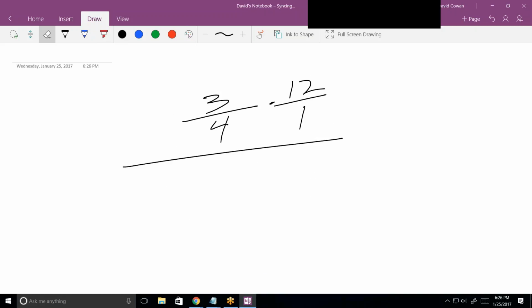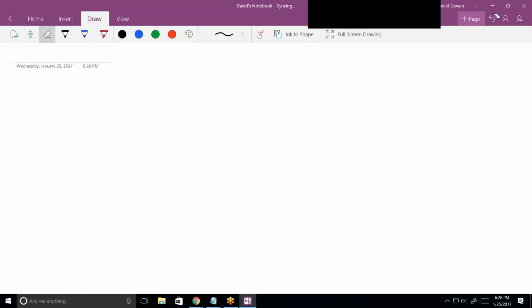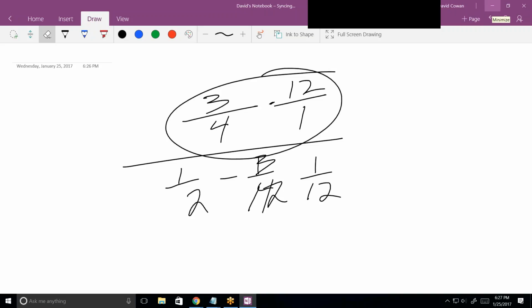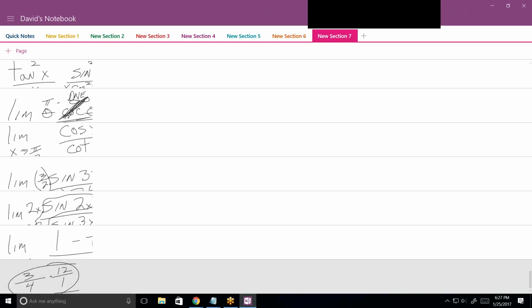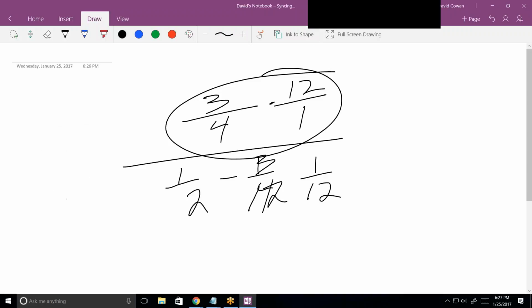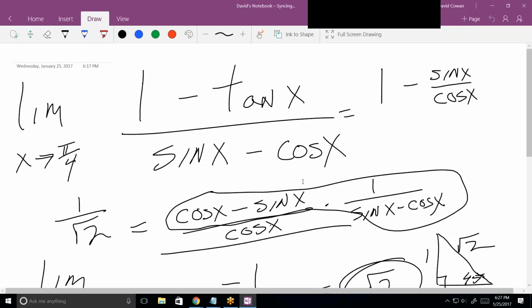Whereas in the problem we just did, we don't really have 2 fractions in the bottom. I have 2 terms, sine minus cosine x.